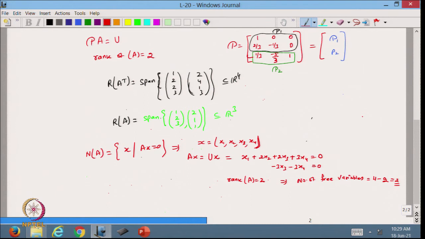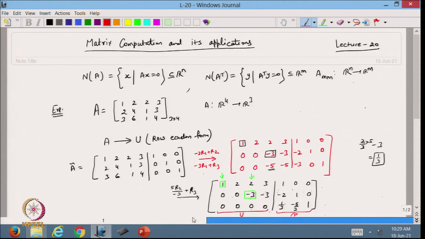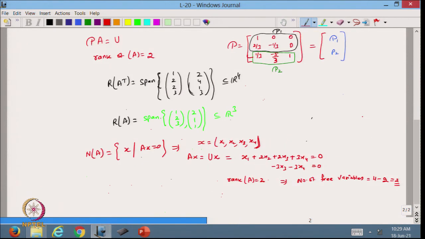So I can write from the first equation and from the second one. Now, my free variables, the non-basic columns, are the second and the fourth. So from the second equation I get x3 is equal to minus x4.